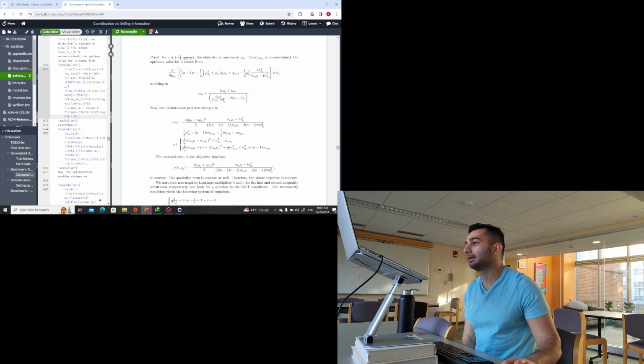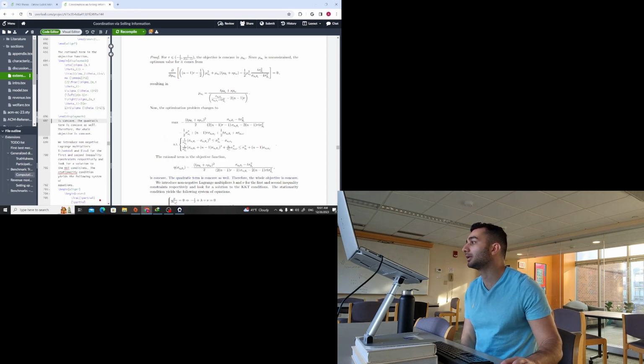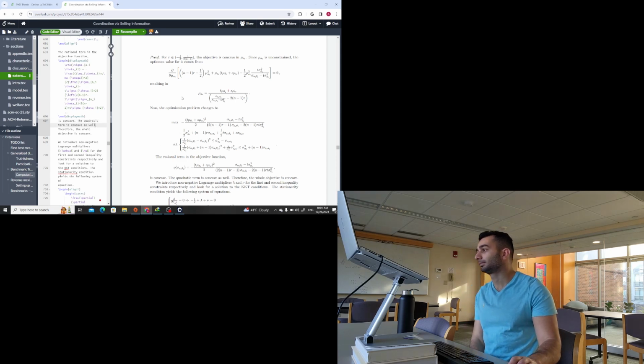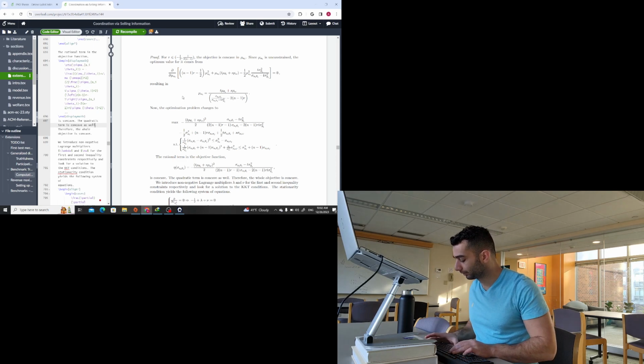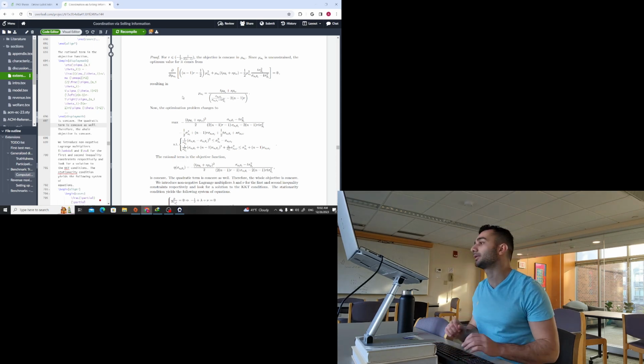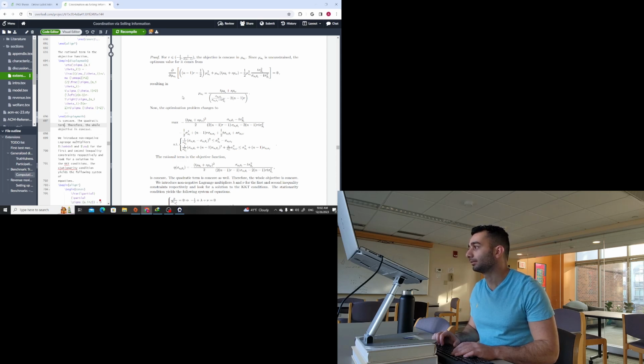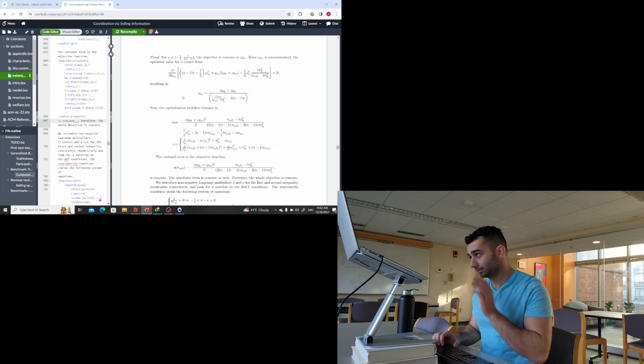There is no quadratic term. We have sigma I squared, but the variable is sigma I squared, not sigma AI itself. Concave.